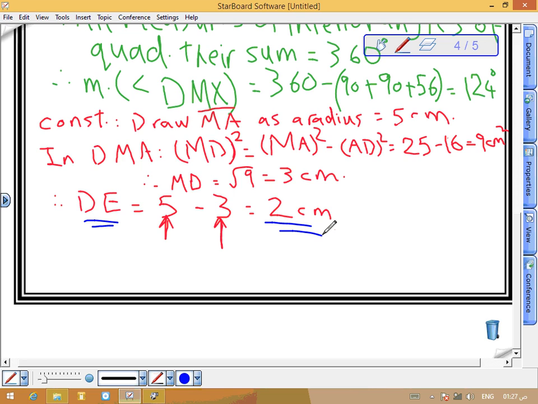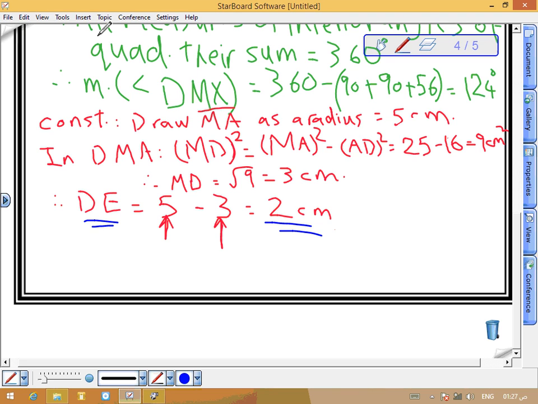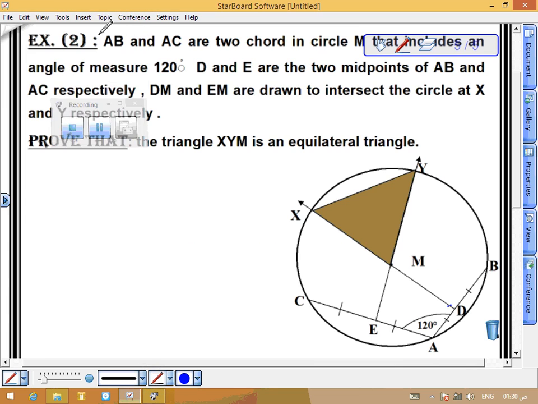We will show the second example here. In the second example, we have that AB and AC are two chords in circle M that includes an angle of measure 120 degree. We have that the measure of angle A equals 120 degree.